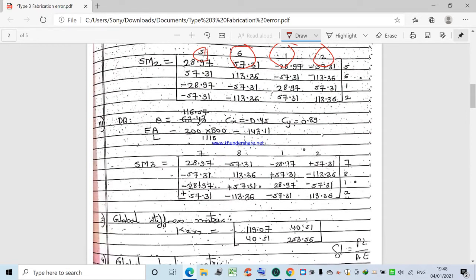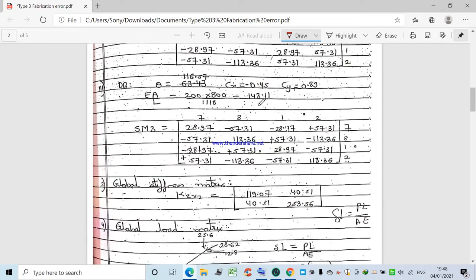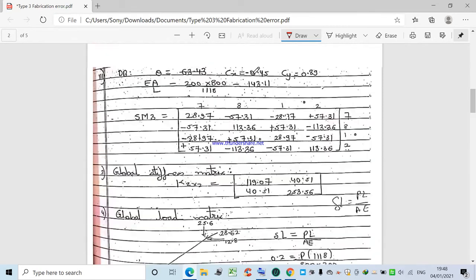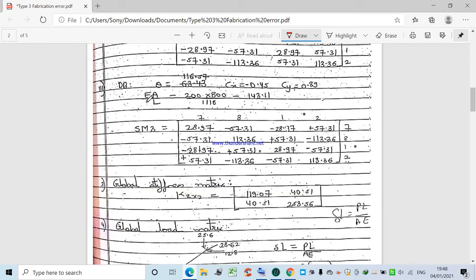Then the next member is DB. Here the angle is 116.57, CX is 0.45, CY we will get, and EA by L we can get. Then the outside bracket value can be multiplied in the matrix and we will get the answer like this.